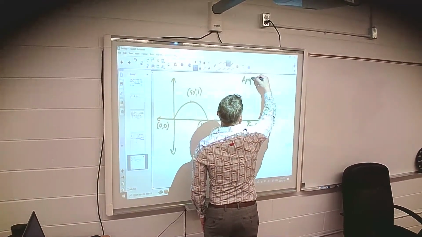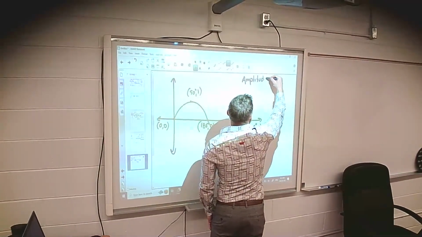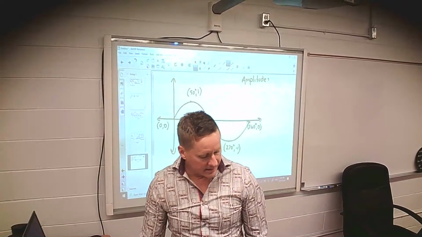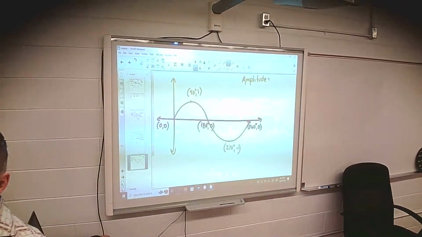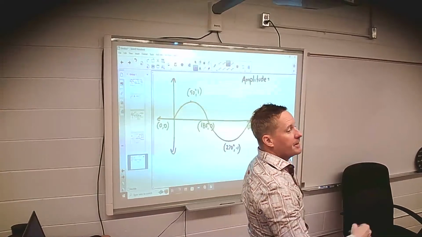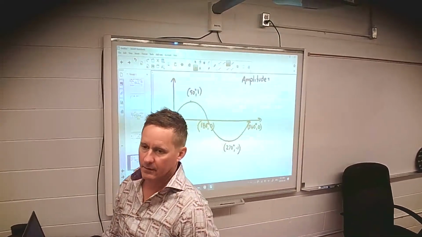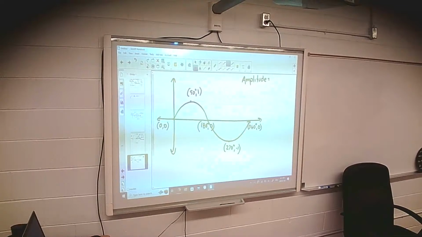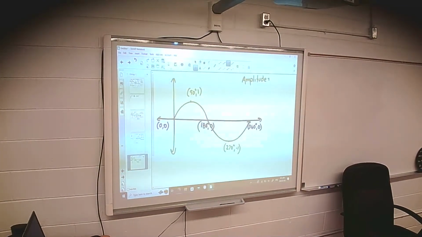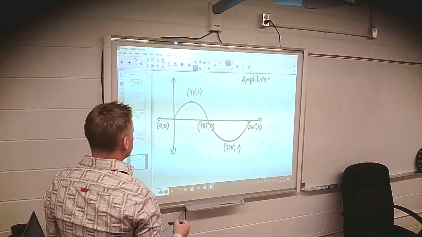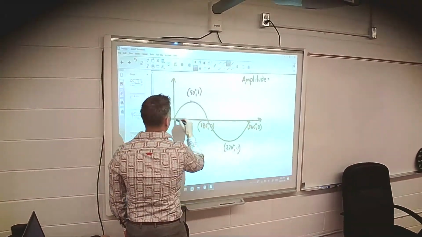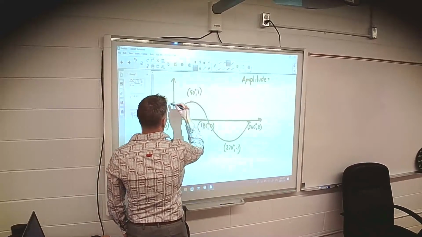Write this down. Amplitude. The amplitude is the maximum distance from the equilibrium position, from the midline. That is the distance from this line right here to right there.